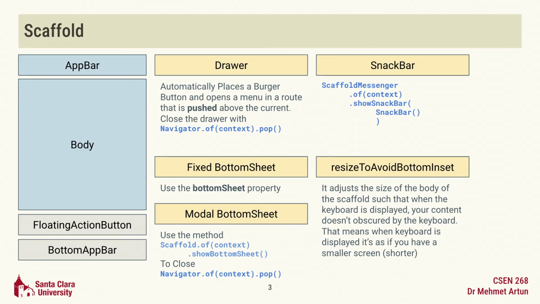Then it's painting the body, and painting the top app bar and bottom app bar, and then the middle is the body. But if you set this property to true, then whenever the keyboard has come up, Scaffold will say, oh, my dimensions changed. They're not giving me that much space anymore. I have a smaller space, and I need to repaint myself. So that's an important thing to consider with the scaffold.